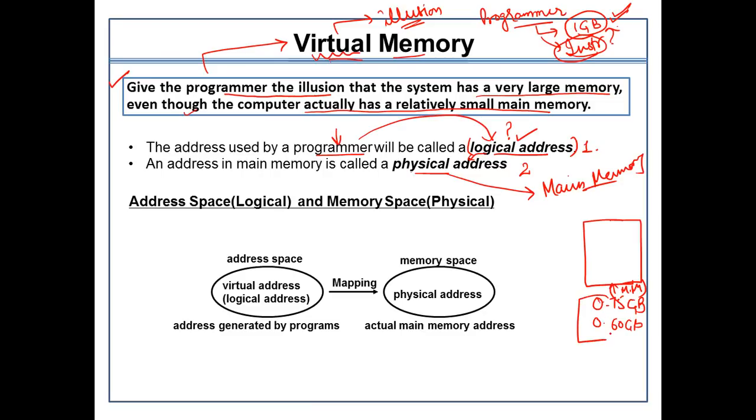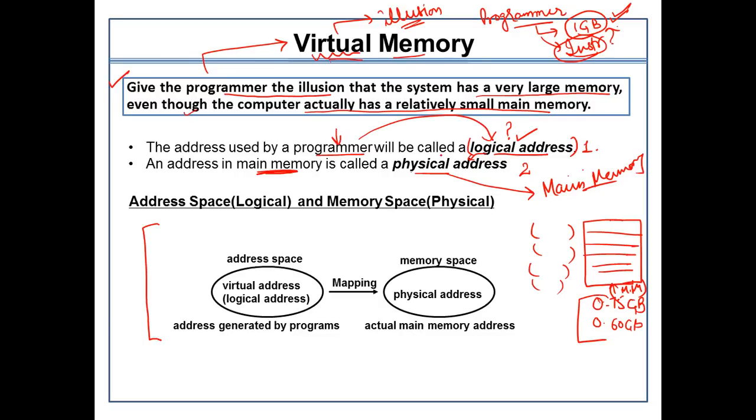So according to this much data, the address value of the main memory will differ from that of the logical address. The address in the main memory is called the physical address. So overall, in a nutshell, this is what we have got.